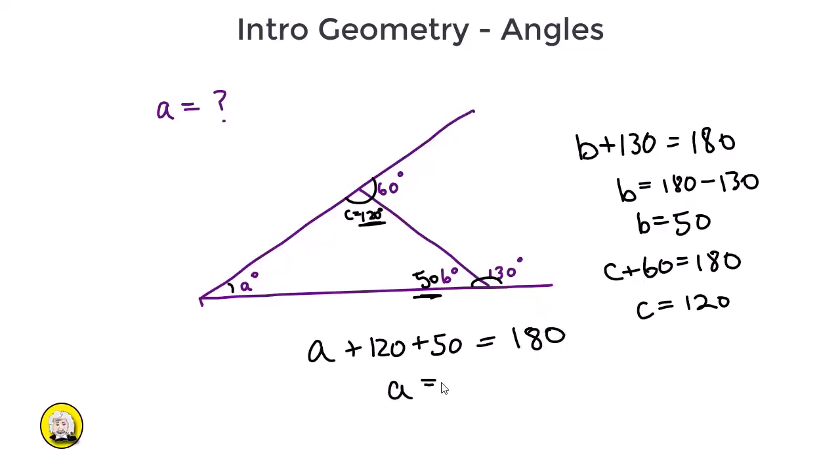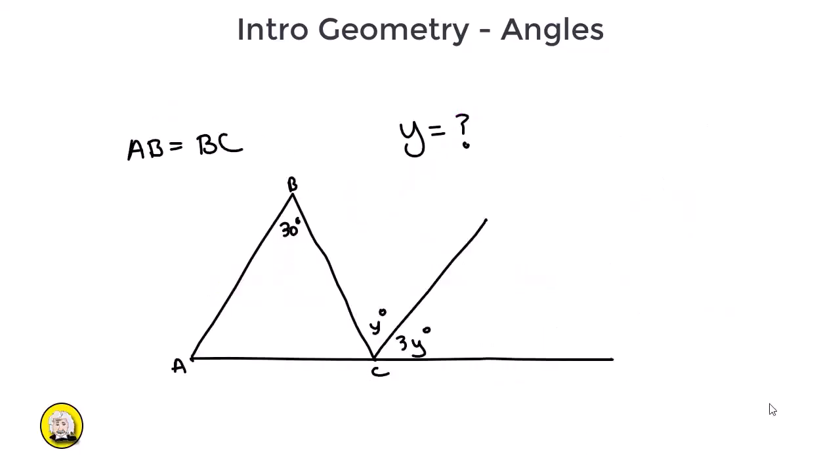So A equals 180 minus 120 minus 50, which equals 10 degrees. So A equals 10 degrees, and the value of A here is 10.